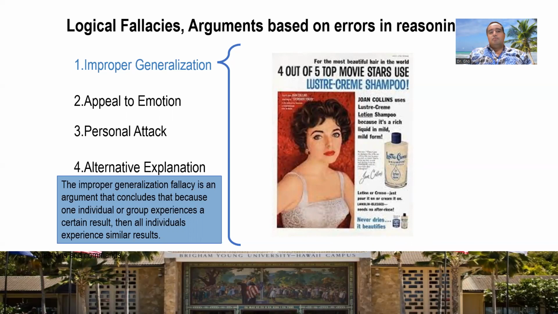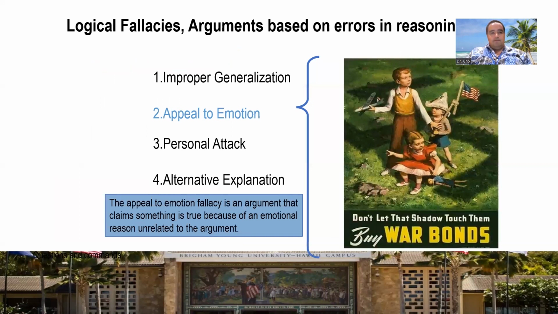And so this states that if somebody's a movie star, then they must use this particular brand of shampoo. It's an argument that concludes that because one individual or group experiences a certain result, then everybody else will therefore have similar results, which may or may not be true. And the fact that it's sometimes not true means that it can be a fallacy.